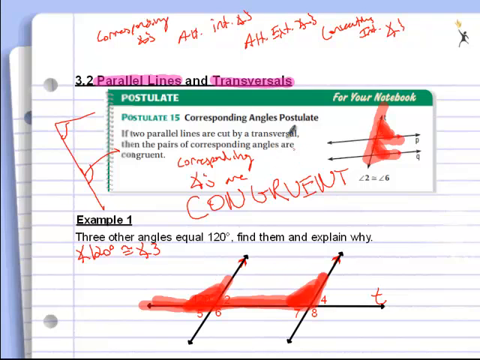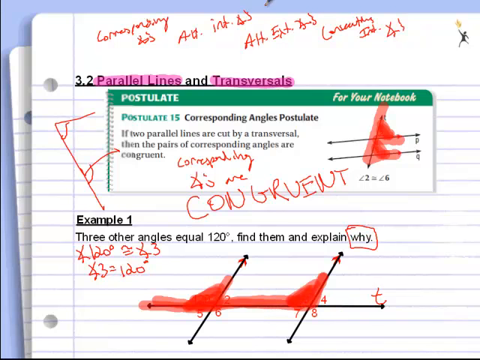According to this postulate, corresponding angles are congruent, which means that 3 and 120 are congruent, or that angle 3 equals 120 degrees. Why? Because they're corresponding angles. And corresponding angles are congruent when you have 2 parallel lines cut by a transversal.